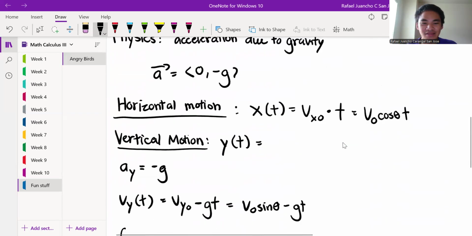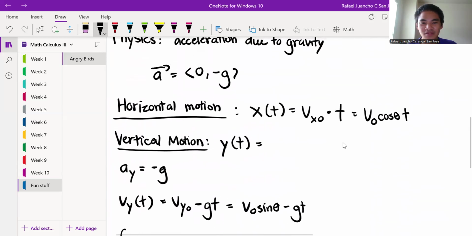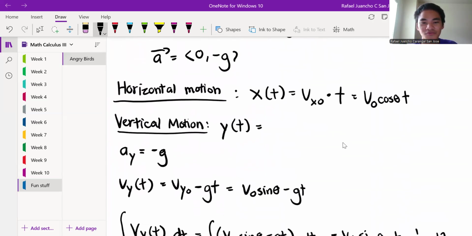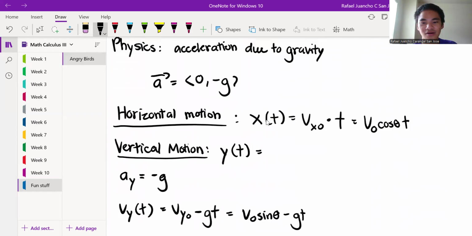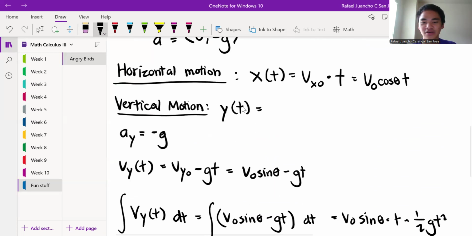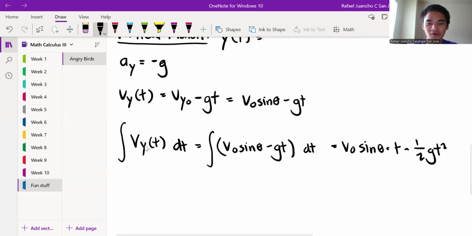So, okay, now let's continue. So we stopped here. We found our horizontal motion, so our projectile motion for x. Now we just need to find y, which we already got actually. So in the previous video, we talked about integrating this velocity to get position.